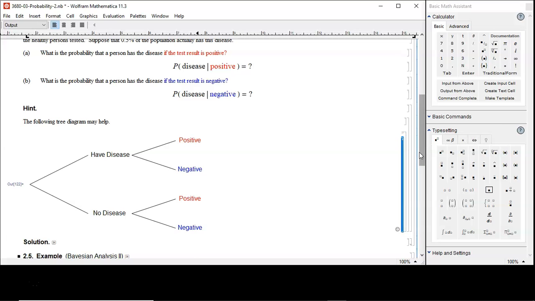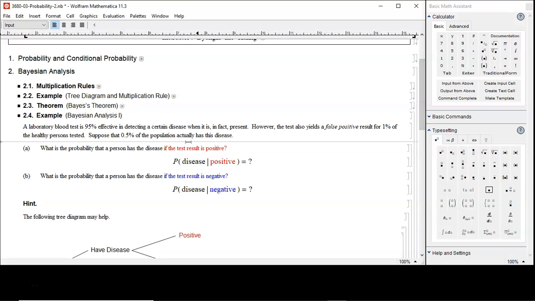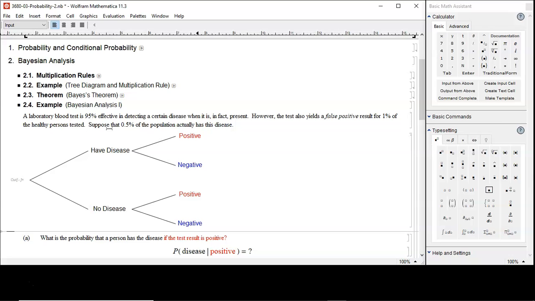How do you know? Well, the strongest indicator is the third sentence here, at least in my opinion. It says 0.5% of the population actually has this disease. It specifically refers to the population directly.